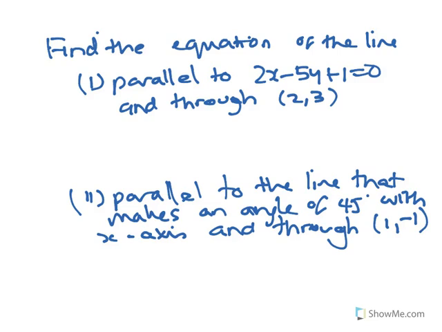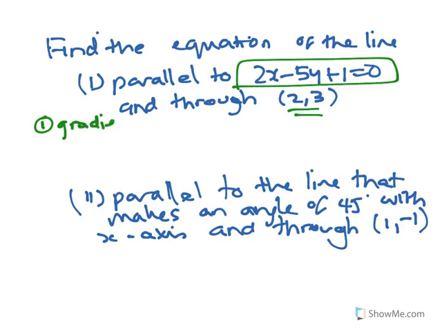Okay, so to actually find the equation of the line that's parallel to this one and through that point, the first thing you need to do is get the gradient. So you get 2x minus 5y plus 1 equals 0. Bring the 5y over, 2x plus 1 equals 5y.